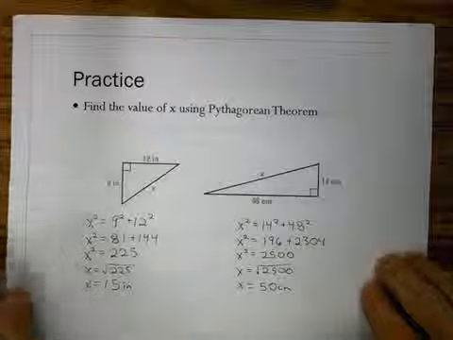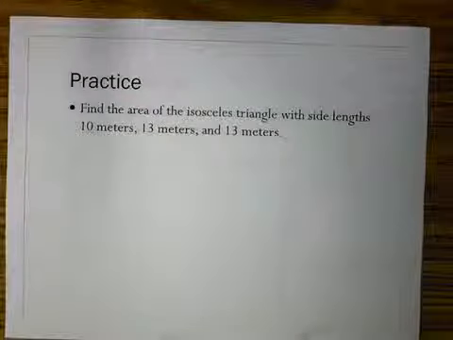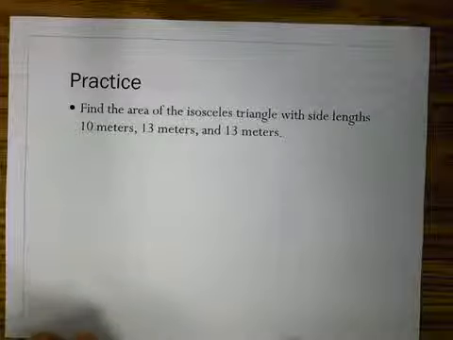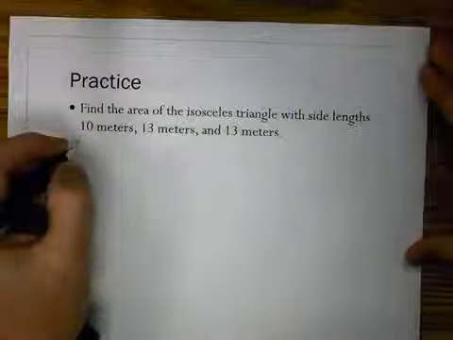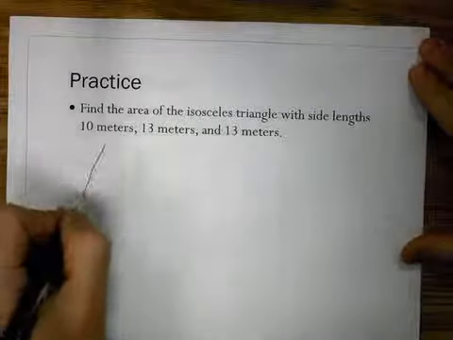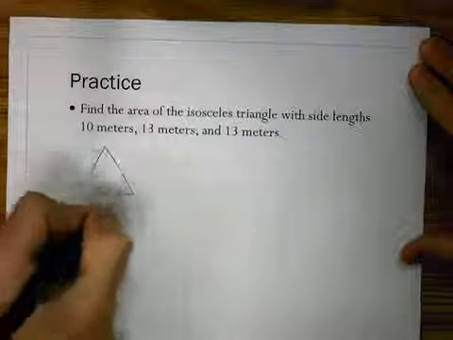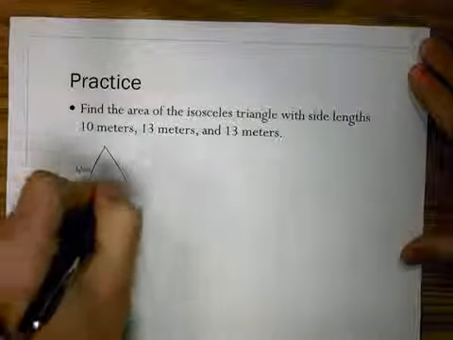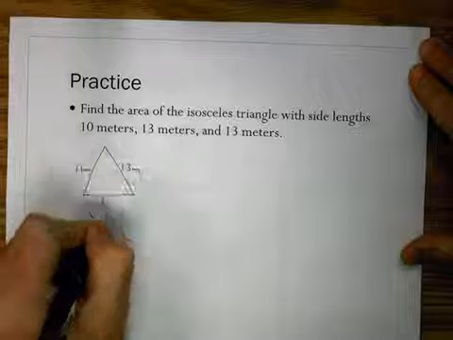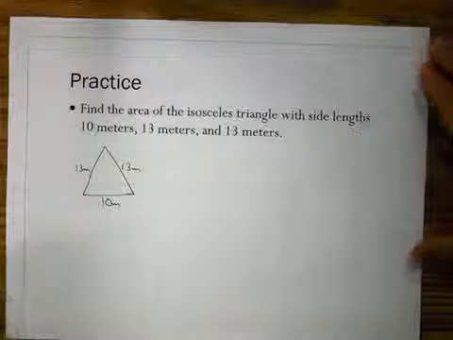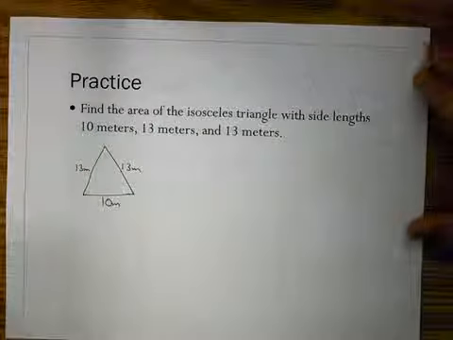Now, let's see how we may see this Pythagorean theorem kind of disguised in other problems. So, now we have to find the area of an isosceles triangle with side lengths 10 meters, 13 meters, and 13 meters. So here's my two sides in the isosceles, and 10 is the side that's not congruent.